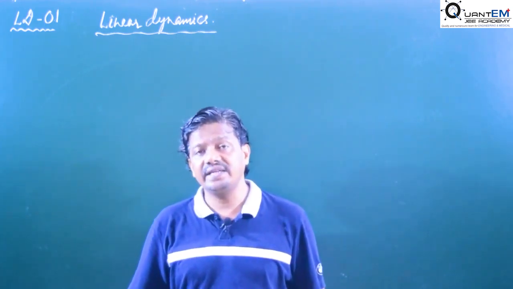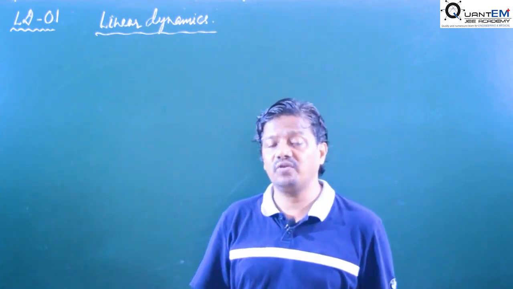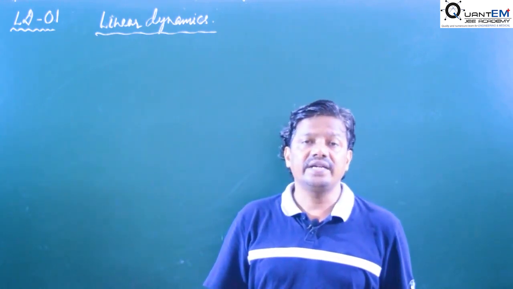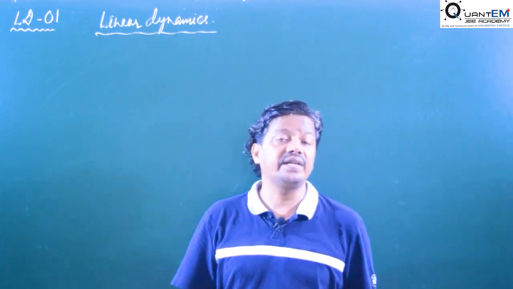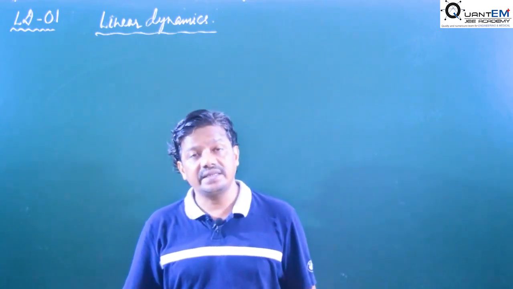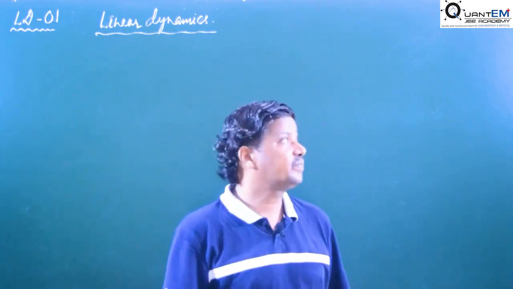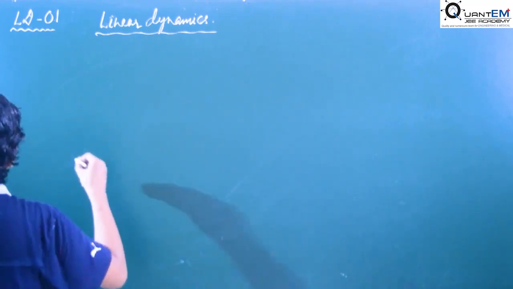But in the case of linear dynamics, we have to study the motion of a particle, linear motion, curvilinear motion of the rigid body, considering the cause of motion. So here linear dynamics is what?